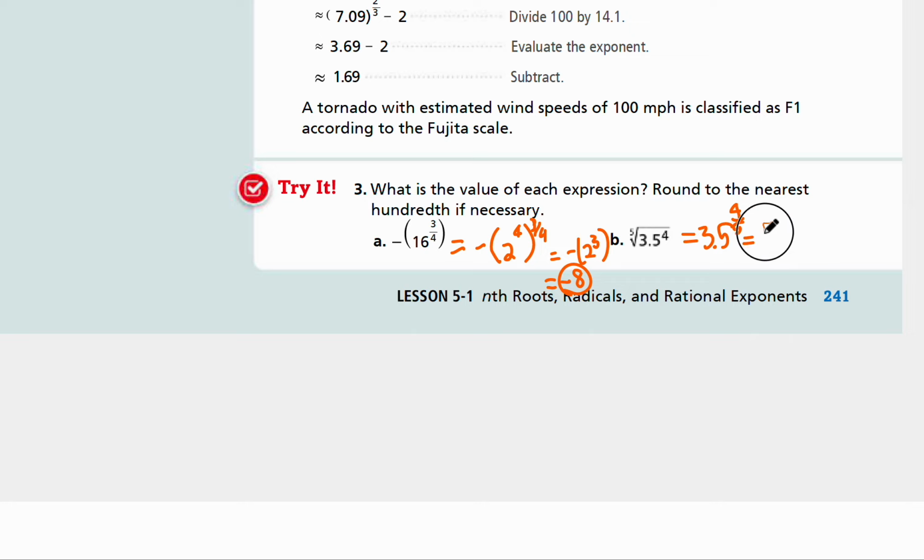But that's really fifth root of 3.5 to the fourth power, which is 150.0625. And then you use the calculator to figure out the fifth root because it's not going to be an exact solution. So that's really 2.724296895, so you can round it to about 2.72.